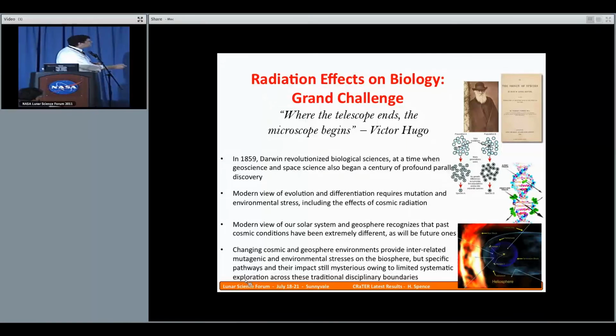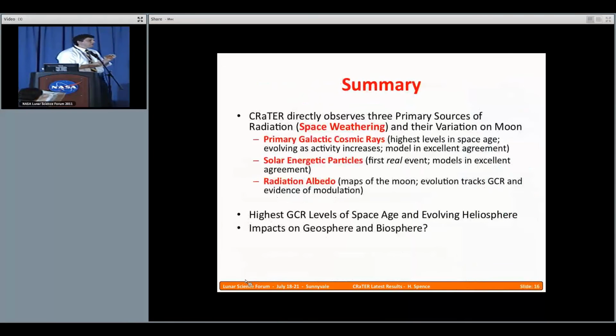And cosmic radiation is thought to be one of the leading ideas about how you generate that variation. And so as we start to see changes in the heliosphere, changes in galactic cosmic rays, we really need to be asking questions, that grand challenge about the effects of biology here on our planet and also in planets in other stellar systems and the effects of life there.